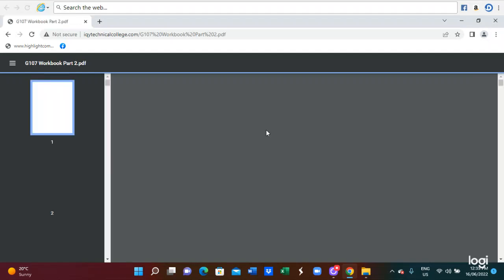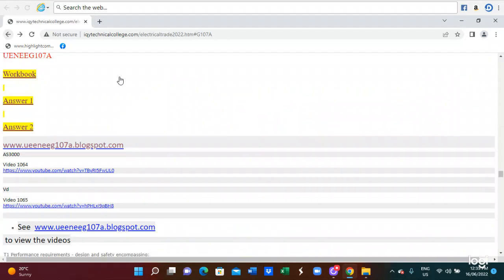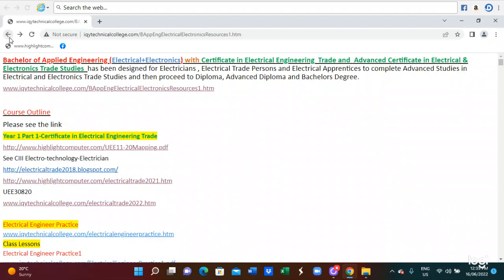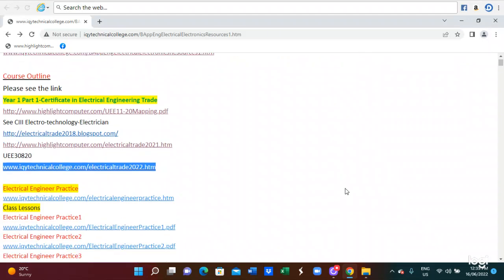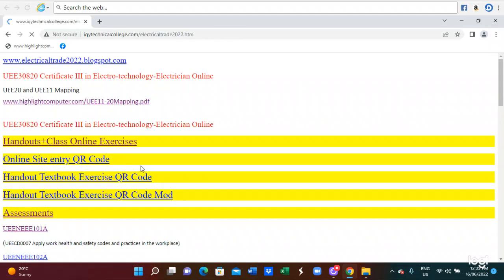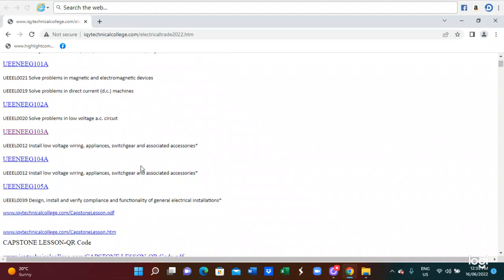So this is workbook answer part 2. From this one, I told you what to do. You have to select and click Electrical Trade 2022. Then here you see there is G107.